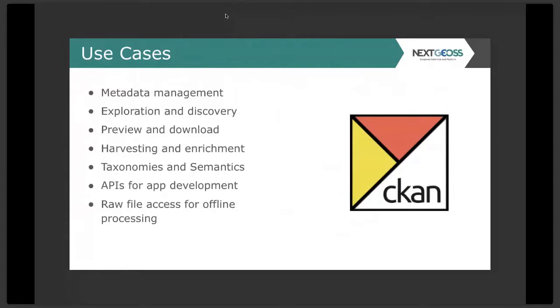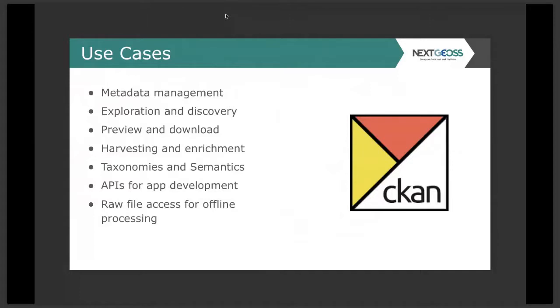We want the ability to harvest data from external sources and to potentially enrich the metadata for given data sets that exist in the catalog. We want the ability to apply taxonomies and other types of semantic information to data, APIs for application development, and importantly, especially with Earth observation data where data sets can be rather large, we want raw file access so that data can be offline processed.